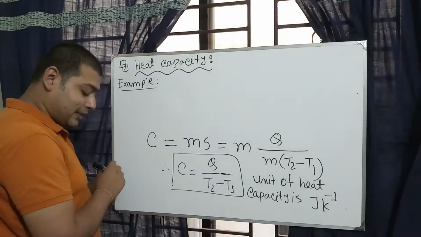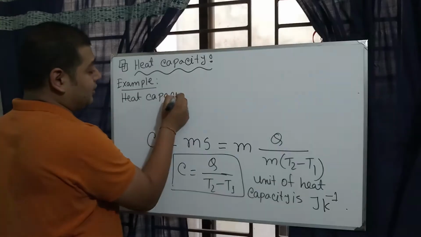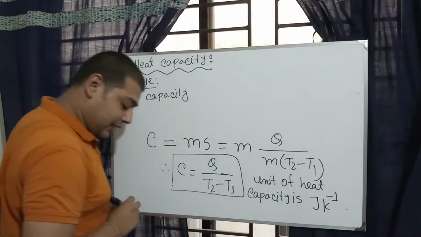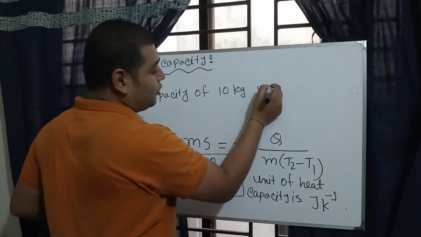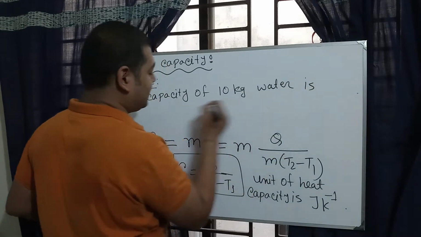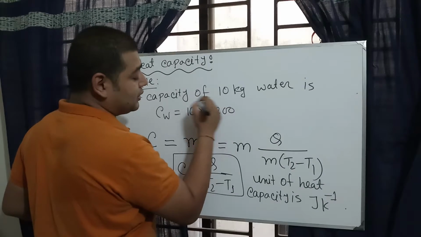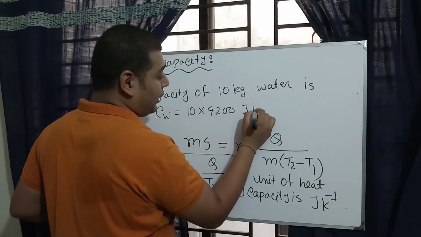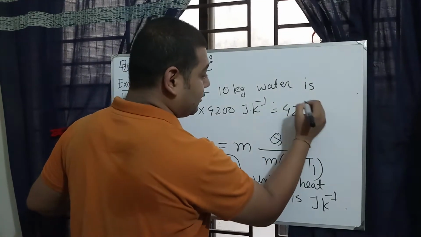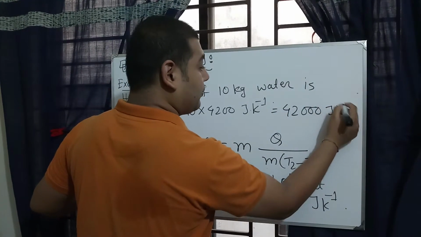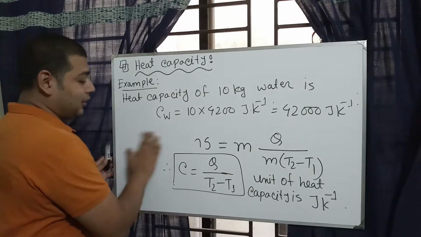So the heat capacity of 10 kg of water is Cw equal to 10 into 4200 joule per Kelvin.